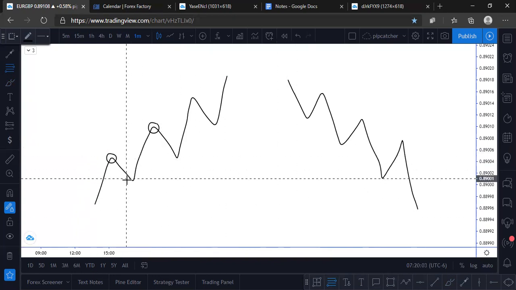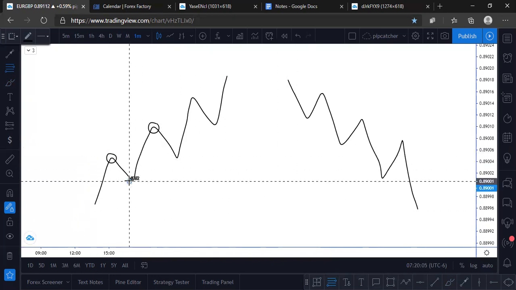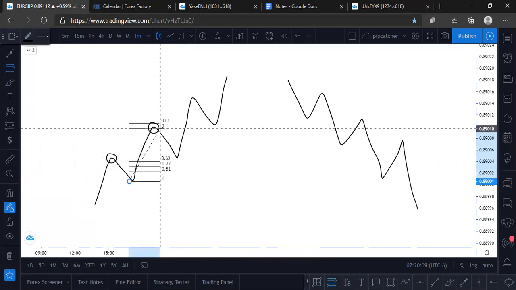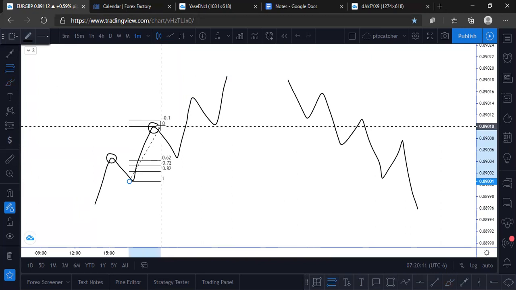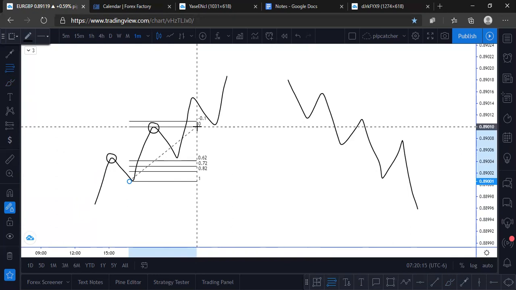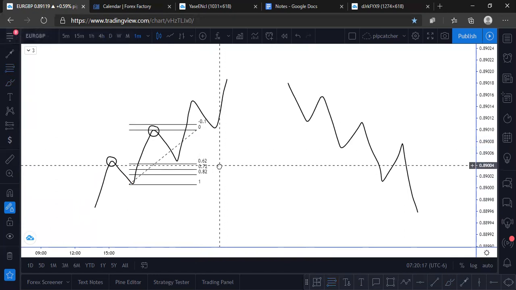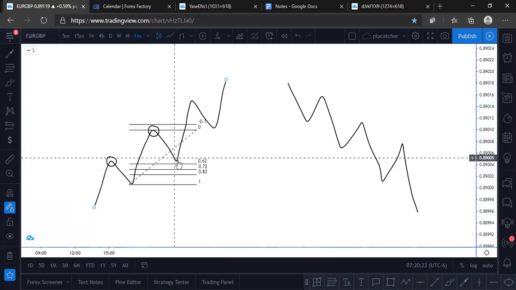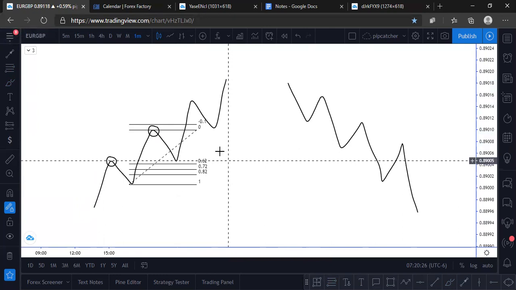So we could throw a Fibonacci from that previous low that created this expansion up and broke that previous structure, right? So yeah, and not in my example here, but if you look at this on a chart, there might be a wick or whatever.